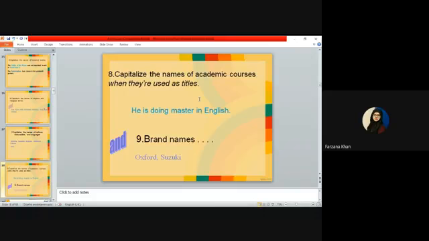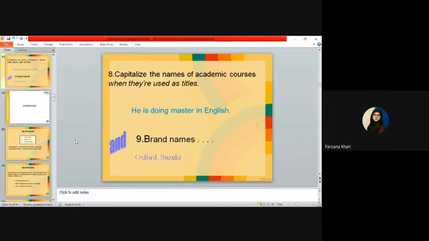According to rule number 9, brand names. Whenever you write the name of a brand in a sentence, you will always capitalize the first letter. So it's all about capitalization, which also comes under the category of punctuation rules.